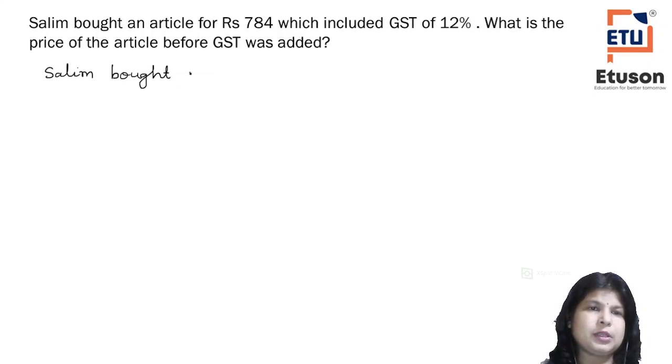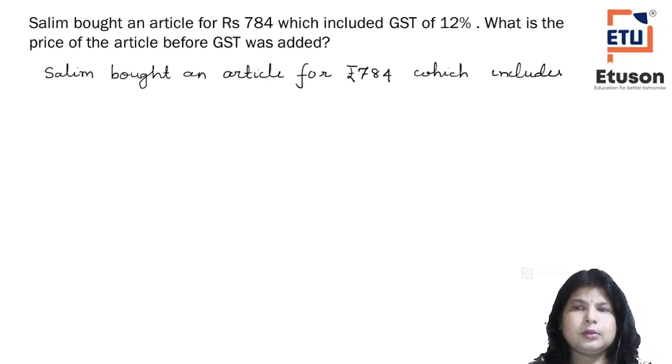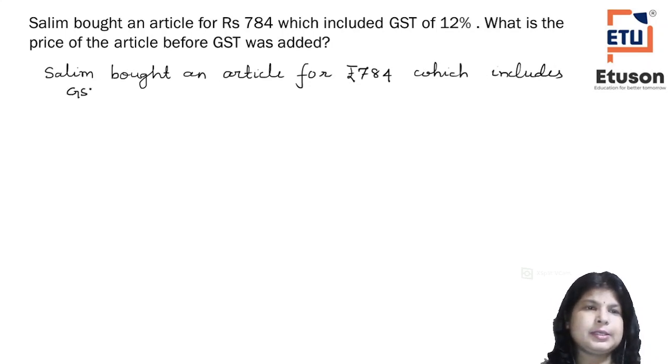So Salim bought an article for rupees 784 which includes GST of 12%.